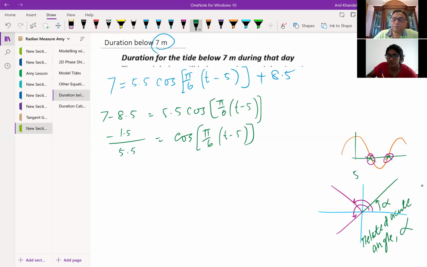So for answering this question, I could have said that between 8:32 to 13:29, it is below 7 meters. Is that clear to you? So that is below 7 meters, correct.